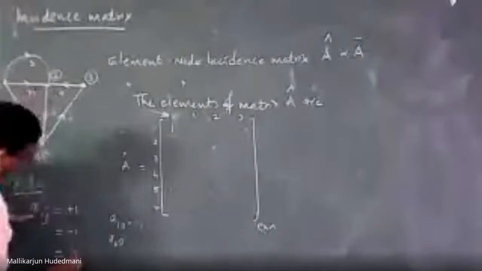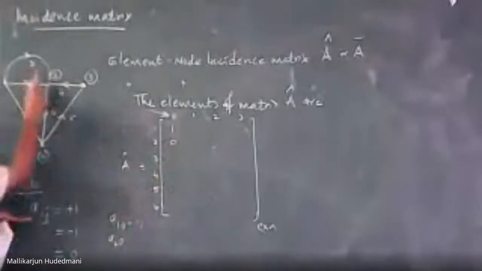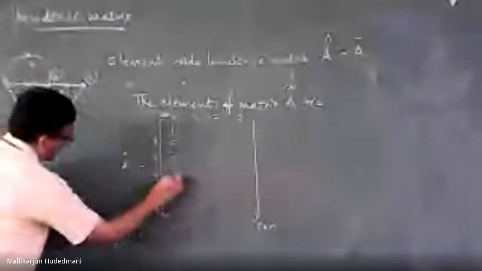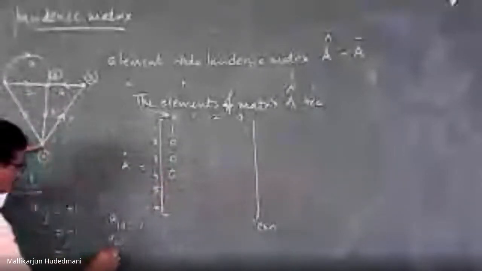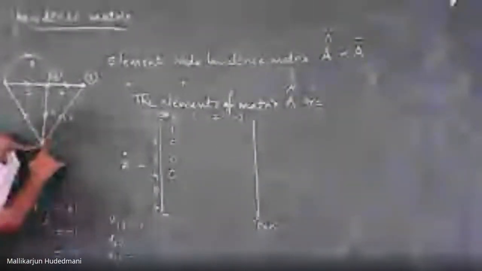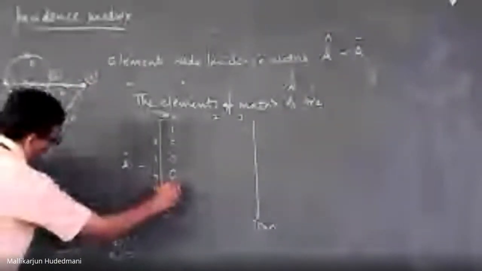Directly by the third rule, not incident. And element number 3 is here, not incident. Element number 4 is here, not incident. Element number 5, you can look into this. A50. Element number 5, incident to the 0th bus, oriented away from that, it should be +1.